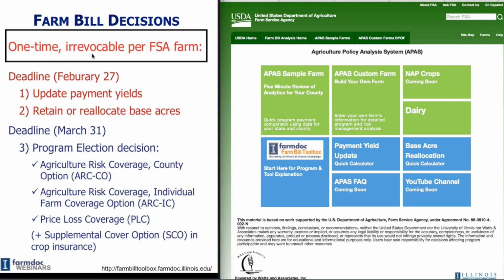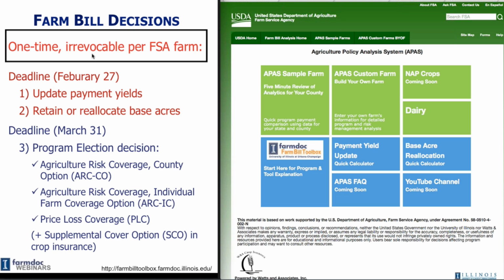ARC Individual, once you make that election, it applies to all crops on the farm. The big thing there is you'll see the Supplemental Coverage Option there at the end, and that is only available if you take Price Loss Coverage. Am I missing anything there? I don't think so, Gary.